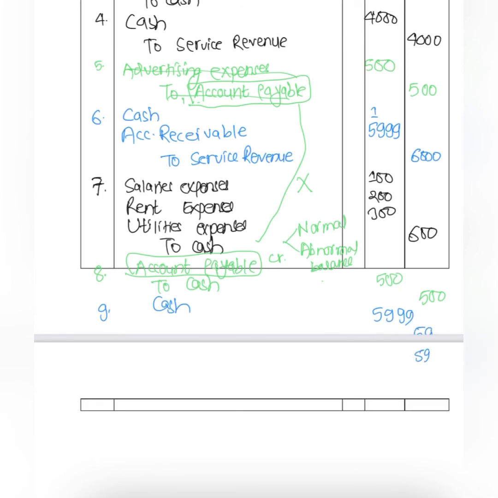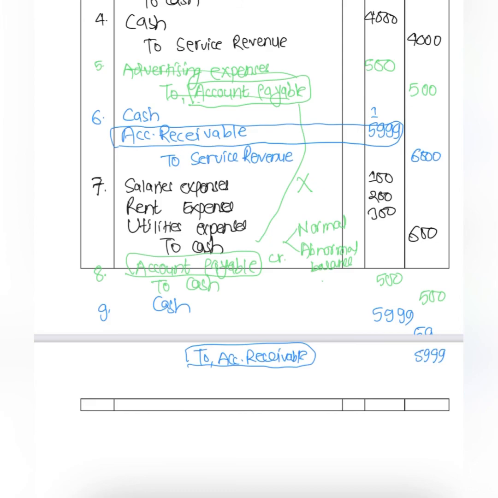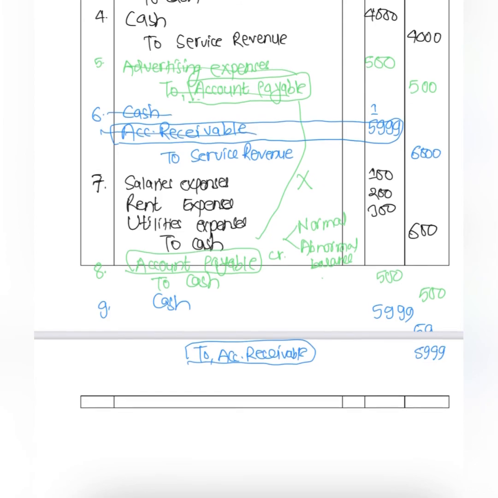So same thing, we have to receive 5,999 from Samsung, we receive it, so we have to 0 it, the account receivable. It was on the debit side, we credit it, make it 0. As I told you before, we cannot just do like this.